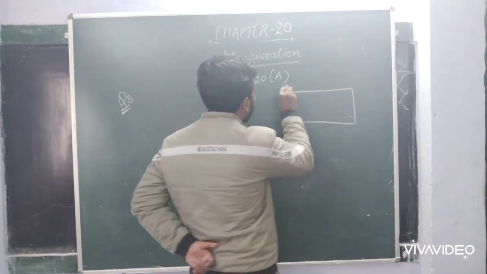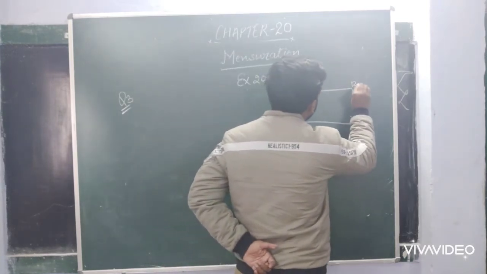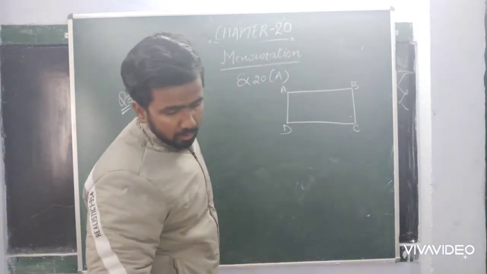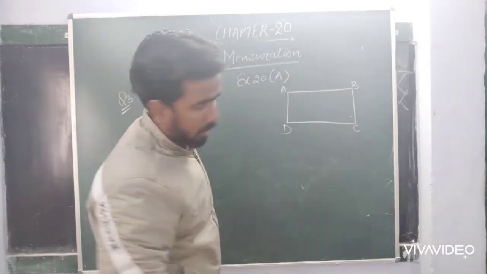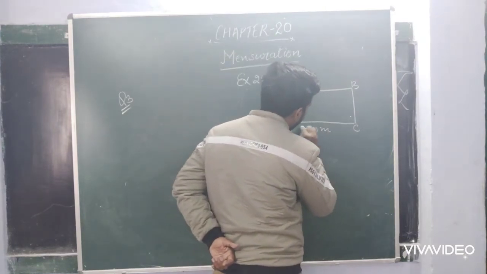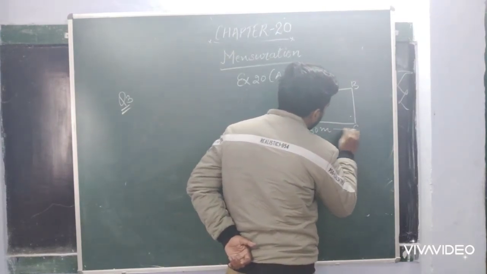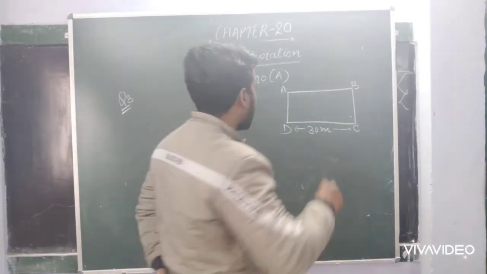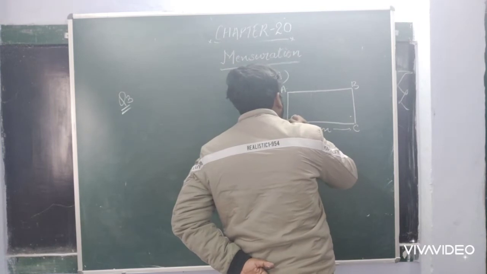Name it A, B, C, D. The length of the rectangular field is 30 meters, so the things which are given, I am writing here. This is 30 meters, and its diagonal is 34 meters.